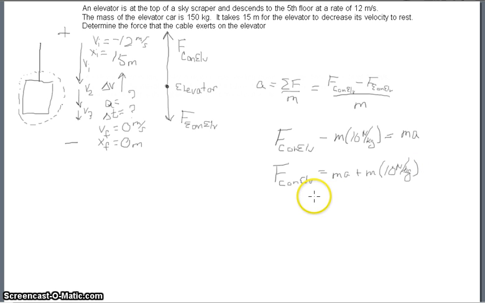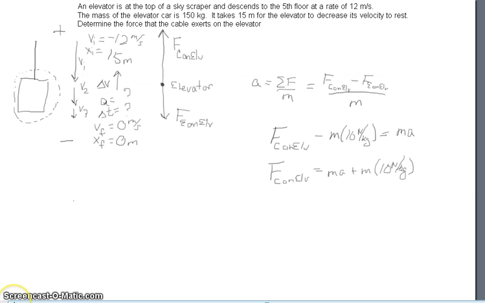All right. So the only thing that I don't know is the acceleration, which means we're going to go over to our motion diagram and our motion information and determine. Looking at this here, we can determine the acceleration by using the VF squared equation.